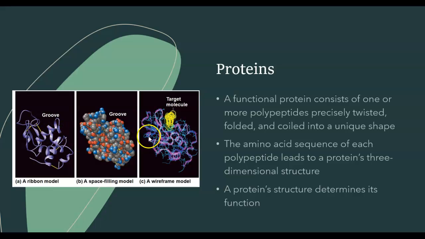But these are all models of the same molecule. This is called a wireframe model that shows the interactions of the side chains. But you notice if you look at the outline, they all have the same structure. This is the same molecule, same enzyme probably. And there's a groove right there where whatever the target molecule is that this works on is going to fit. If this is an enzyme, it would be something like the active site.